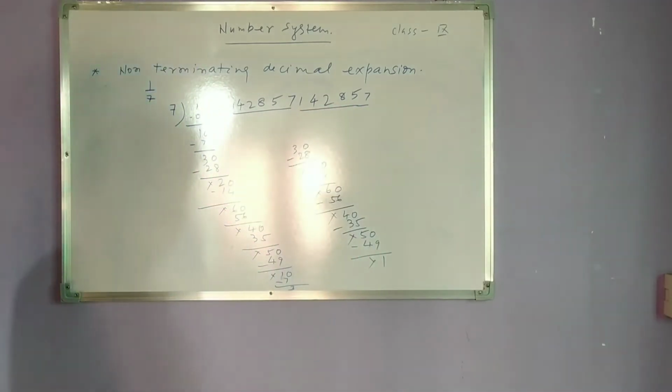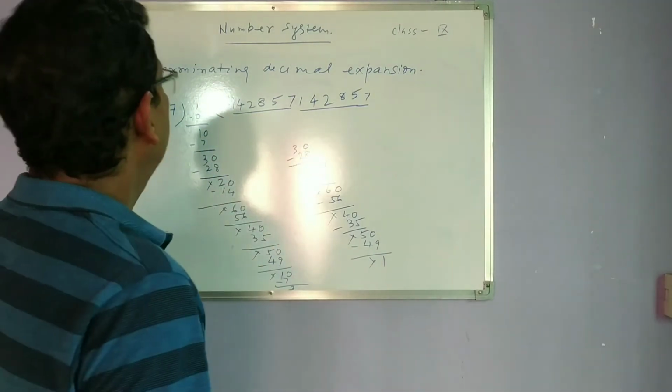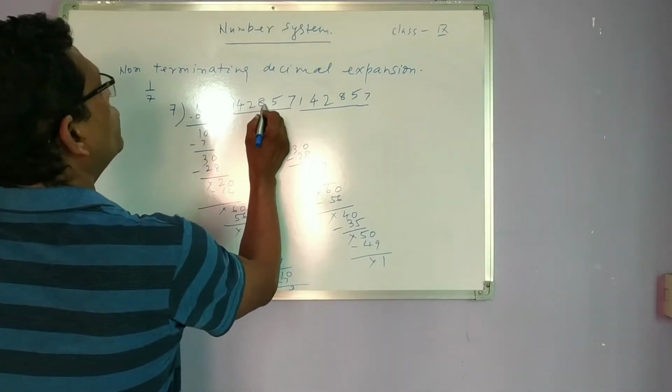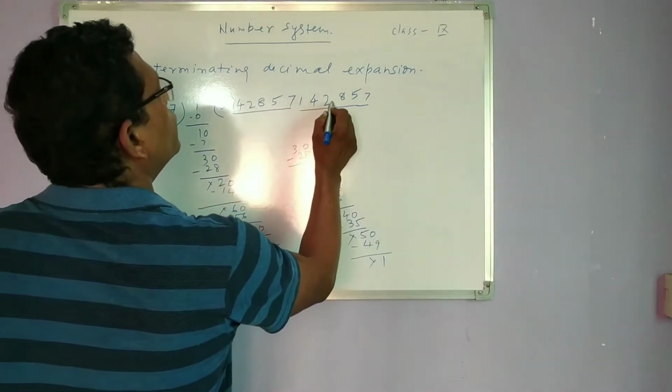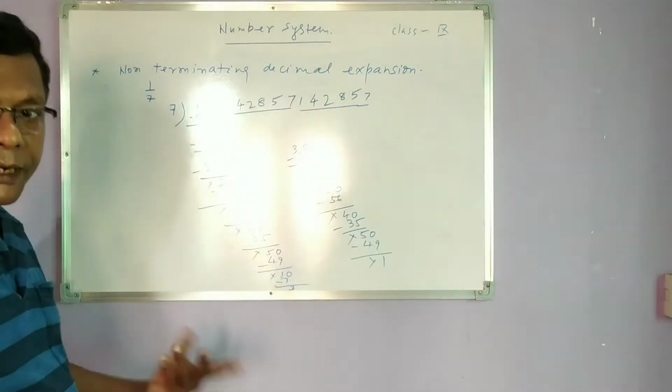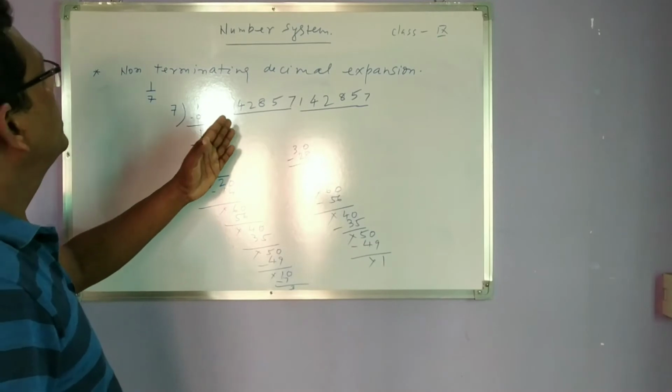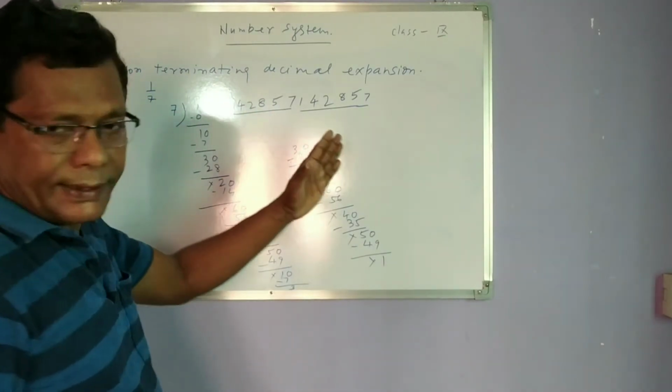So this is an example of non-terminating decimal expansion. Here 1 4 2 8 5 7, 1 4 2 8 5 7 is repeating. It is a block of repeating digits.